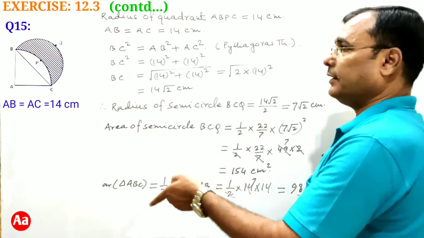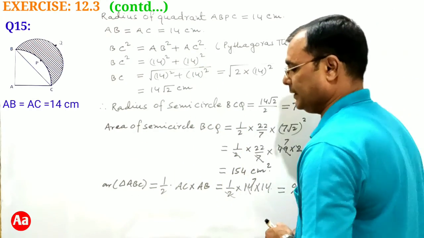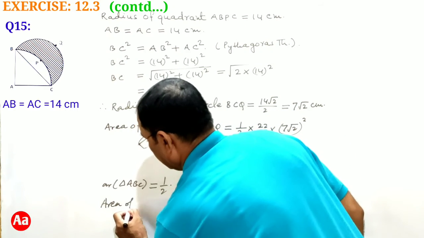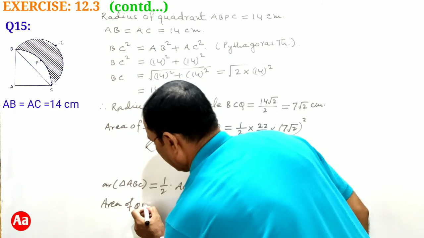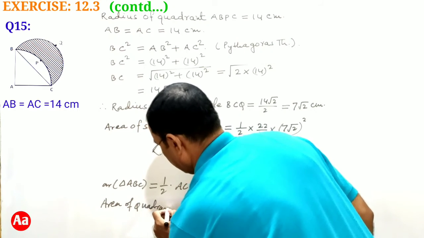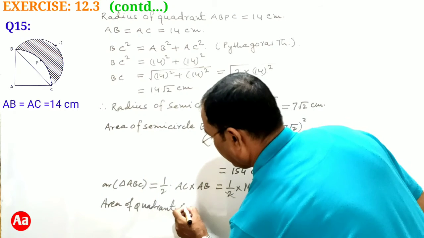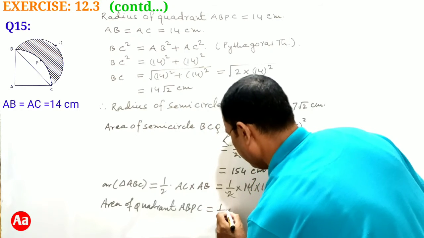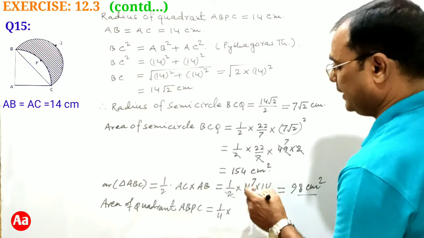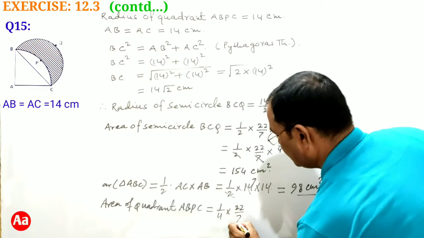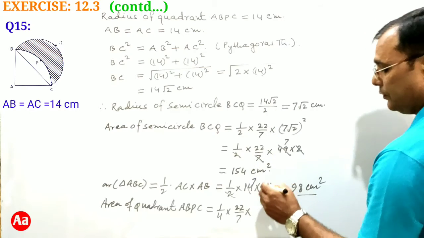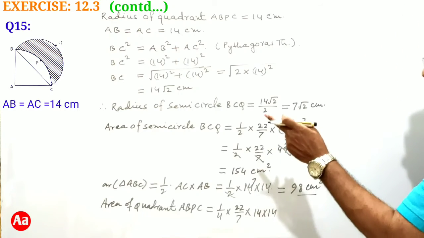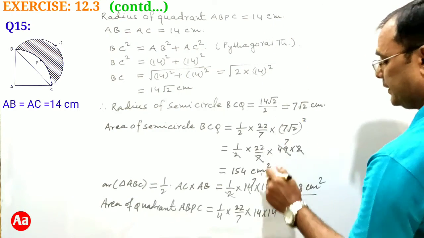Now we will calculate the area of quadrant ABPC. So area of quadrant ABPC equal to 1 by 4 into pi r square, 22 by 7 into 14 into 14, because the radius of quadrant ABPC is 14 centimeter.